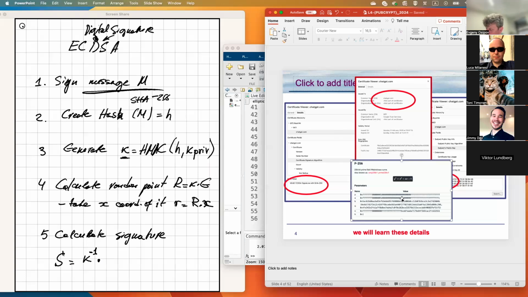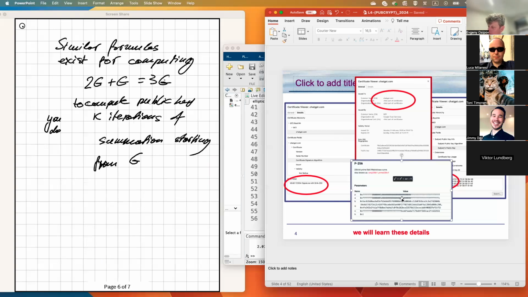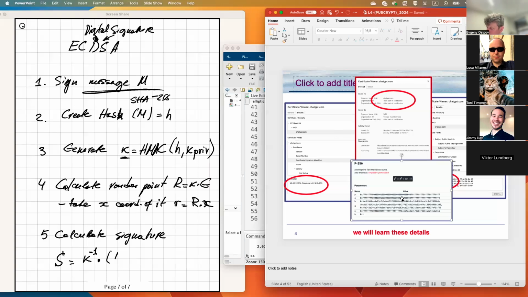You multiply by h plus this r multiplied by k prev, the private number that you chose, and you do it mod n.